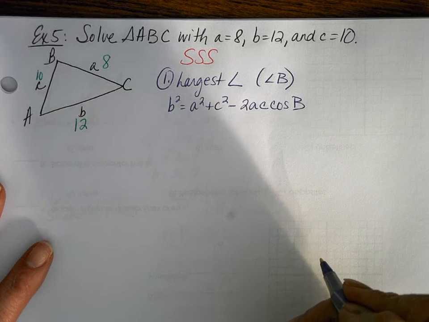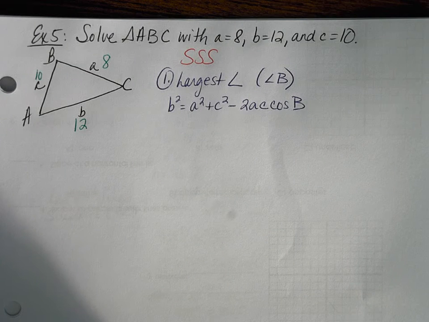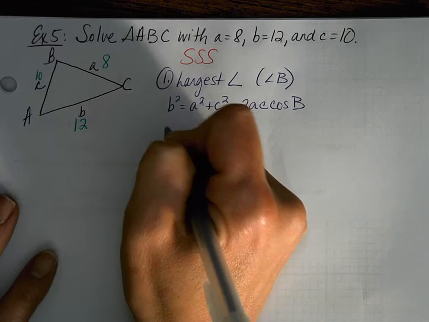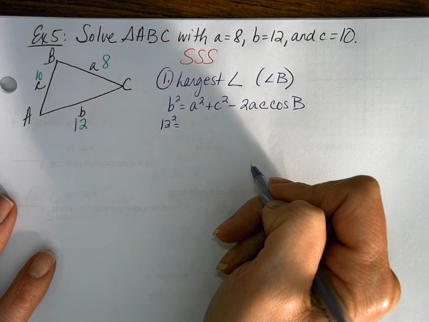I didn't hear you. I'm sorry. Are you sure? What is little b? 12 squared is equal to 8 squared.